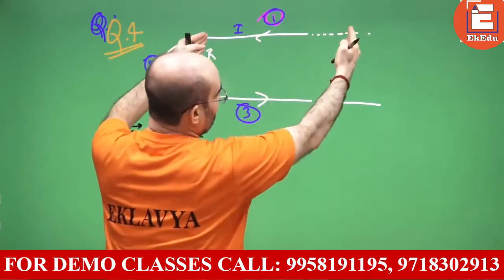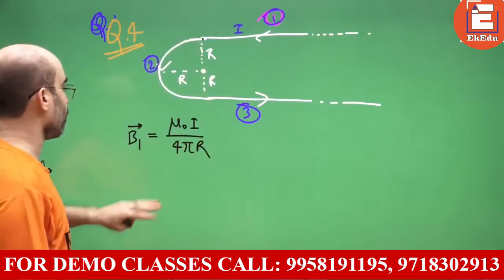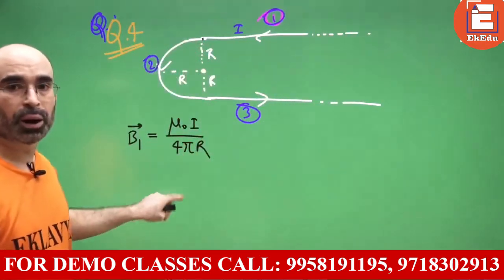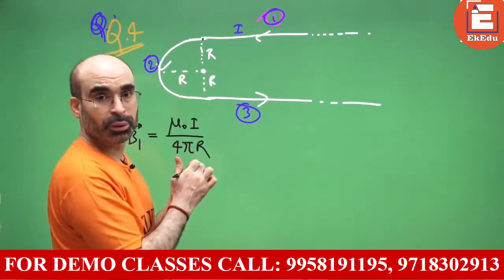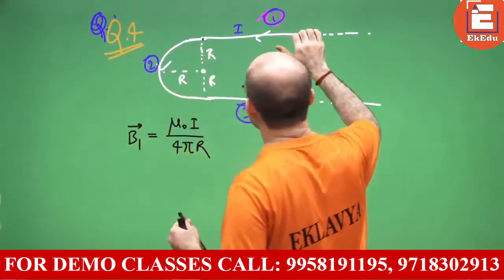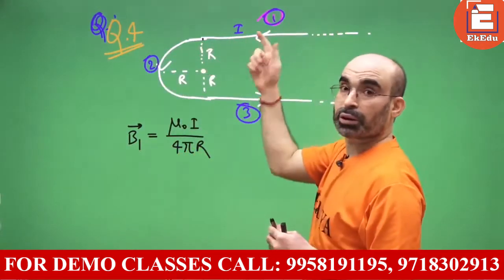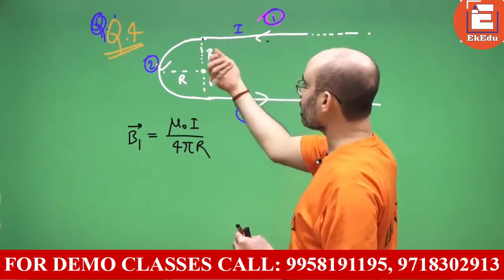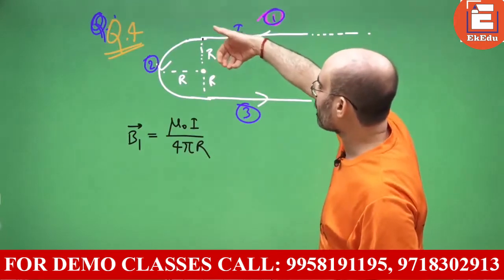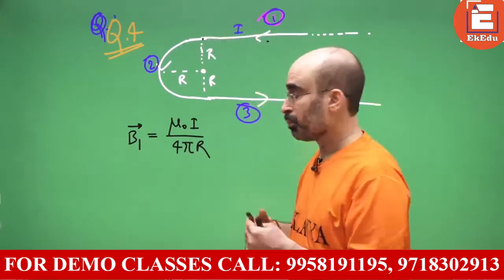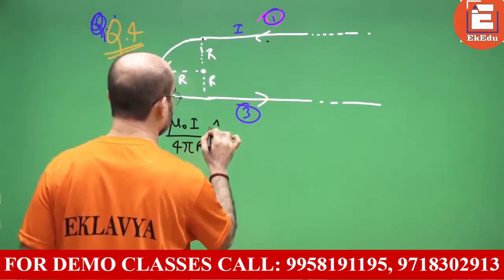So due to this semi-infinite straight conductor, magnetic field is mu naught I by 4 pi R, and then what is the direction? Current is flowing in this direction, and due to this, at this point, magnetic field is outward. So this is positive K cap.